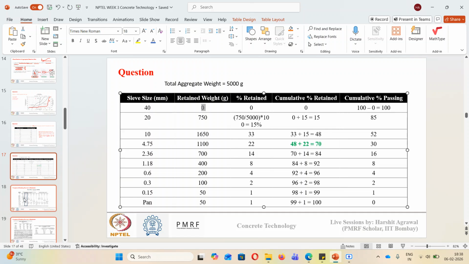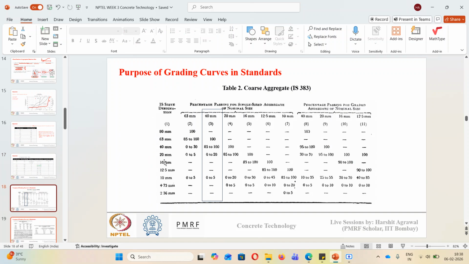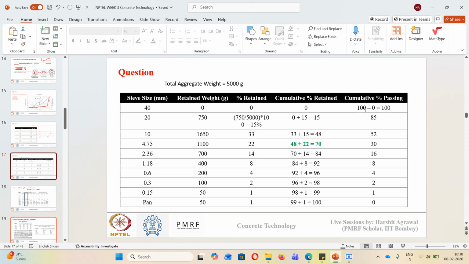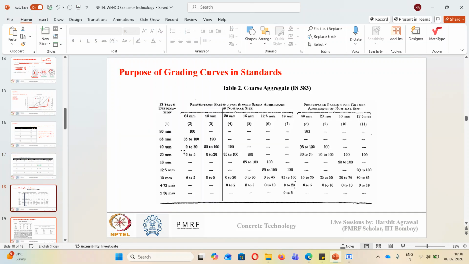Indian Standard IS 383 in its Table 2 has provided grading requirements for coarse aggregate. It specifies the standard size of aggregate and the corresponding percentage passing through different sieve sizes. When we obtain the aggregate gradation, we can say which grade it belongs to, whether it is 63 passing aggregate, 40 passing aggregate, or 20.